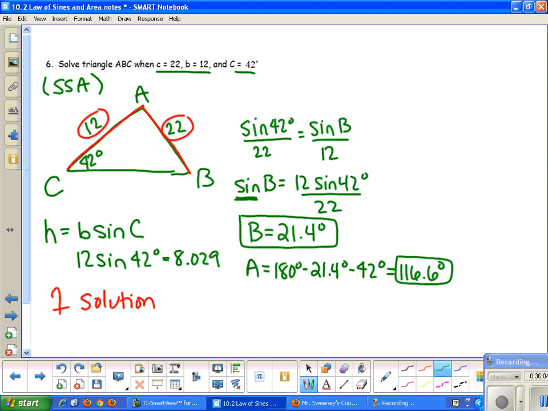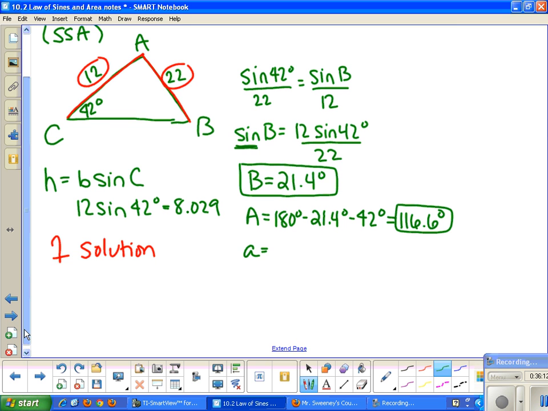And then I can solve for the length of a by again using our law of sines. So for that side, we would have the sine of 116.6 degrees over a, because that's what we're solving for, equals the sine of 42 degrees over the length of c, which is 22.